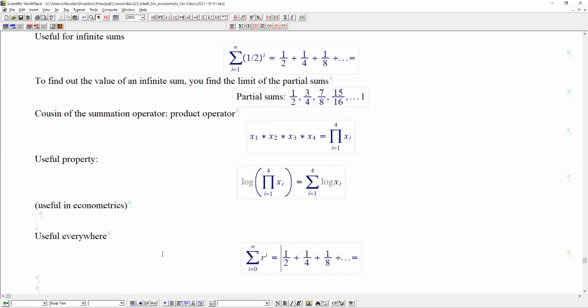So I get 1 plus R plus R squared plus R cubed. So somebody knows? It looks like this thing, but it might be a bit different.